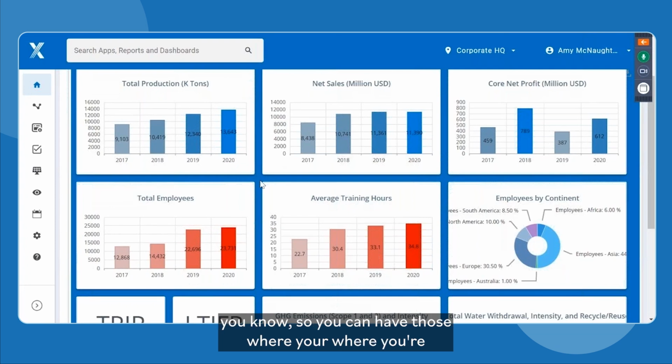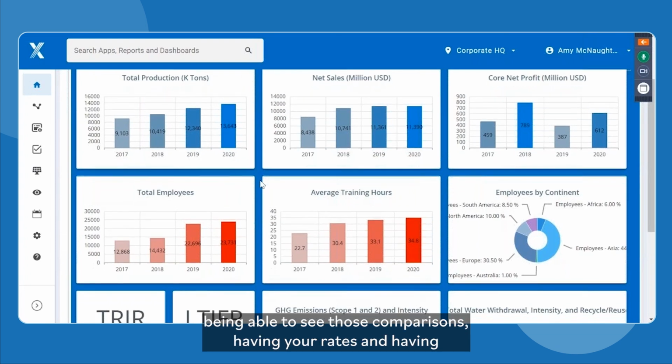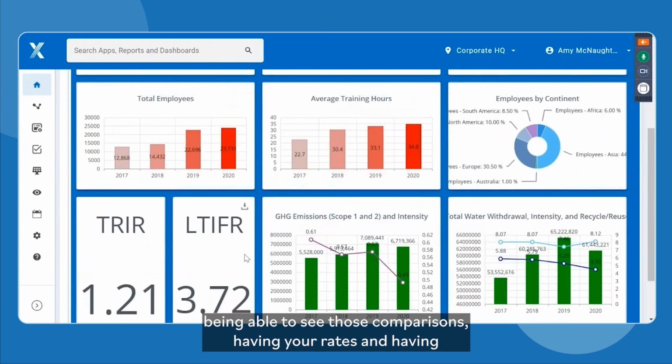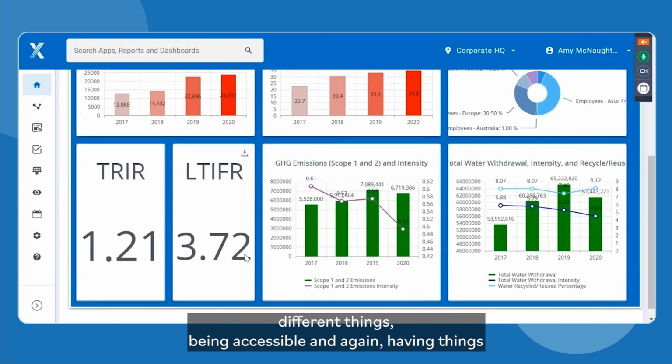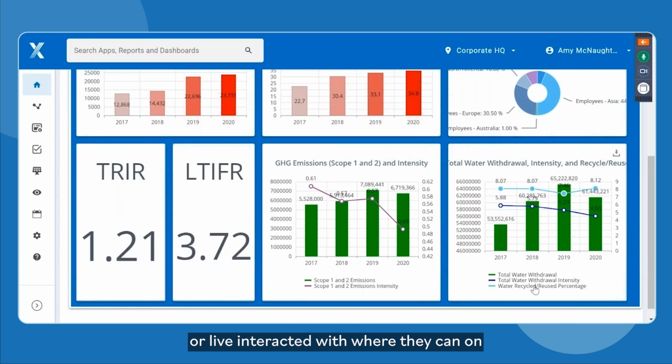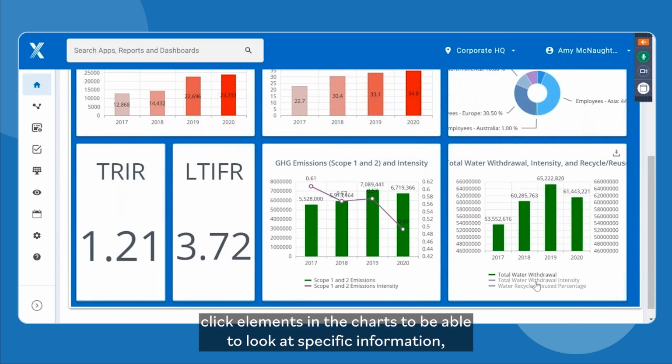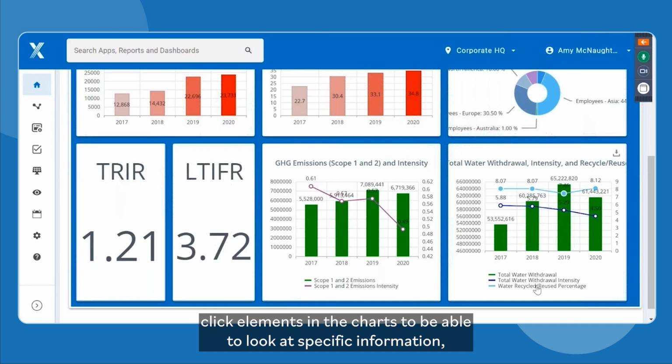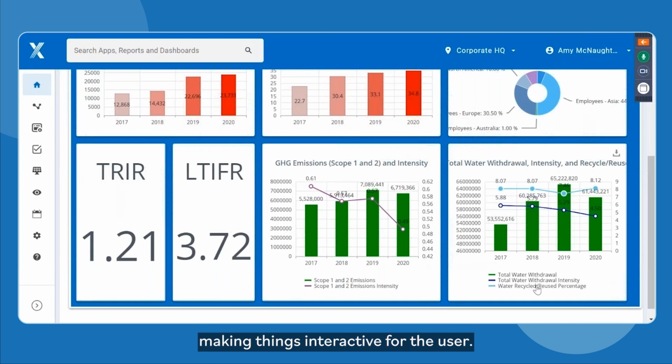So you can have those where you're being able to see those comparisons, having your rates and having different things being accessible. And again, having things being able to be drilled through to find out key information or live interacted with, where they can unclick elements in the charts to be able to look at specific information, making things interactive for the user.